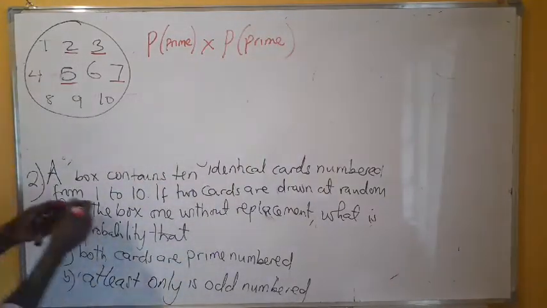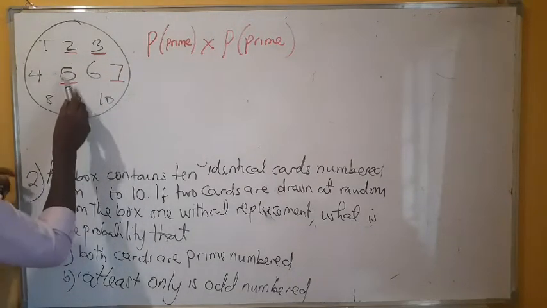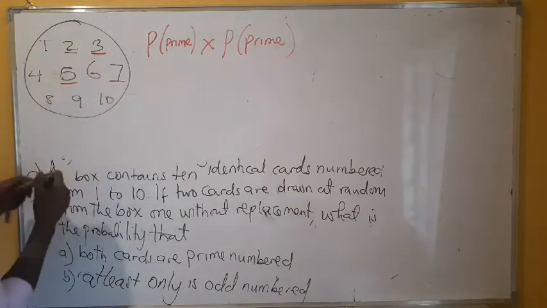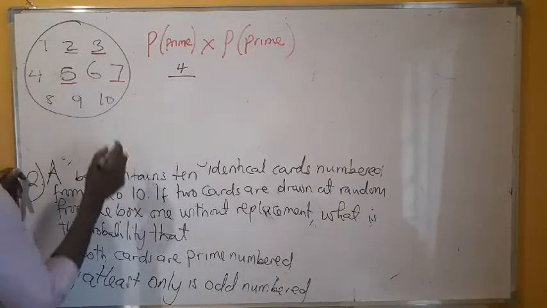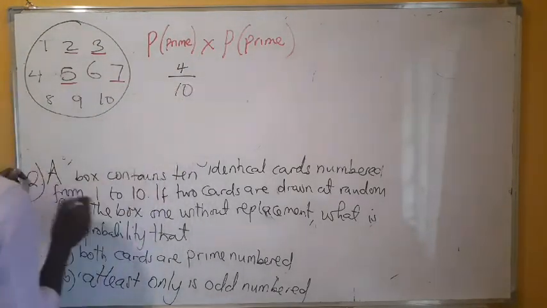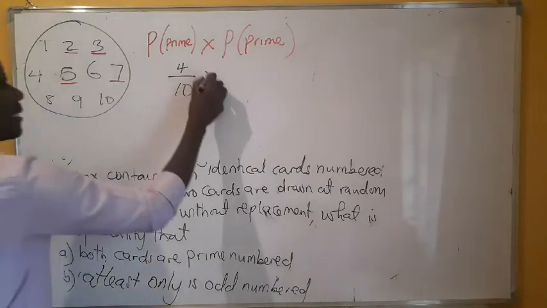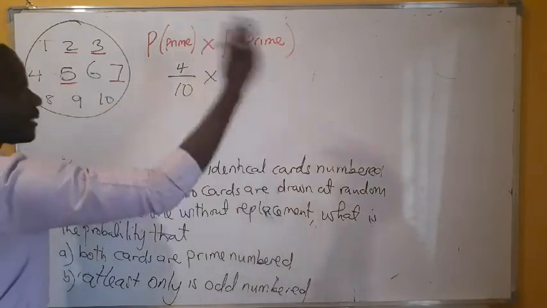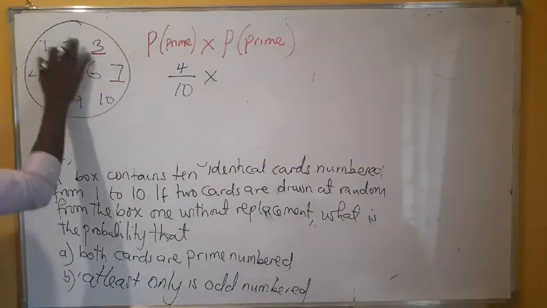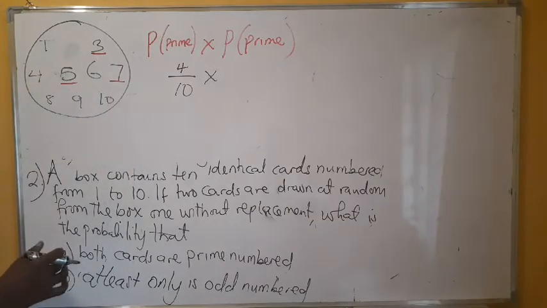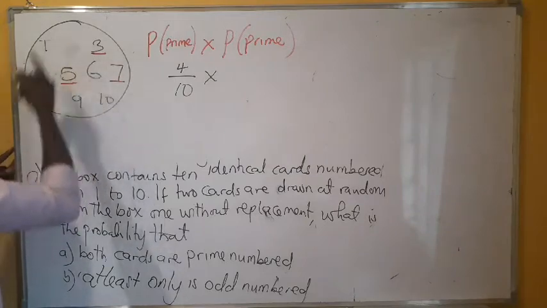What is the probability of getting the first prime number? We are looking at 1, 2, 3, 4. There are 4 out of the total in the box, which is 10. Then the probability of picking the second: one of them has been removed, just as an example. How many prime numbers have remained within the box?